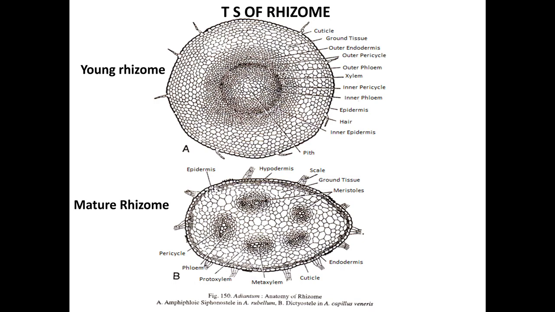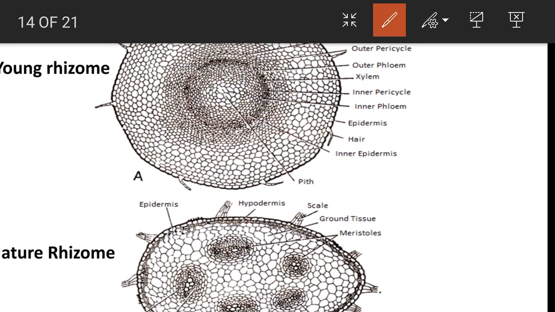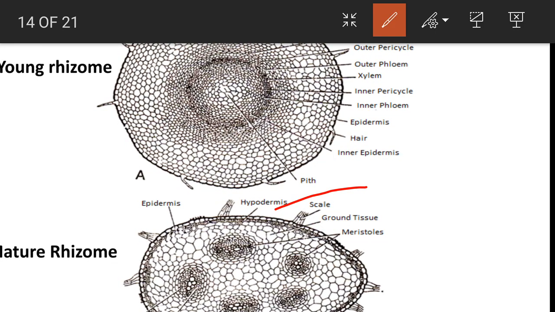The epidermis here is single layered. You can find the outermost region here, labeled as epidermis, and it is covered by a thick cuticle. Some epidermal cells give rise to long multicellular hairs.